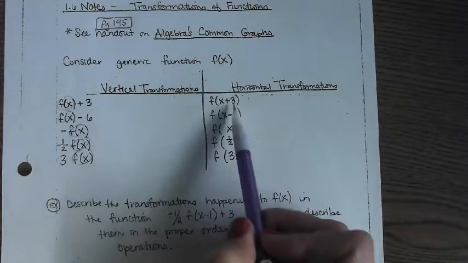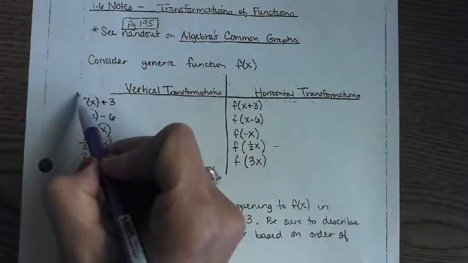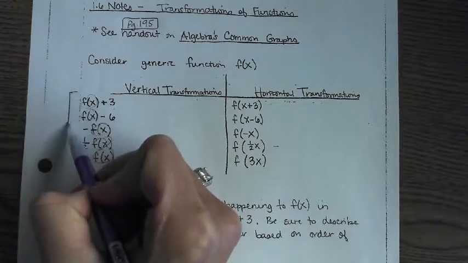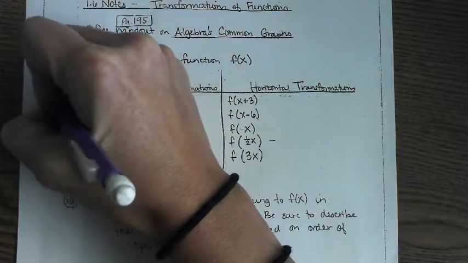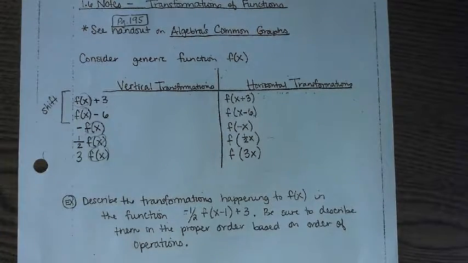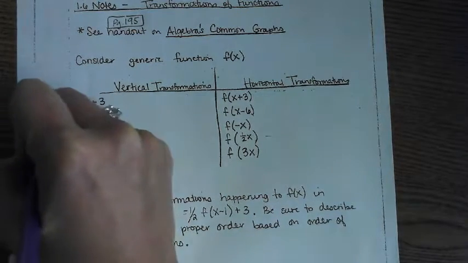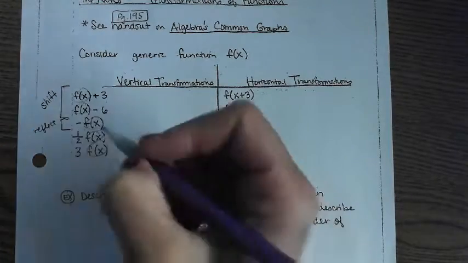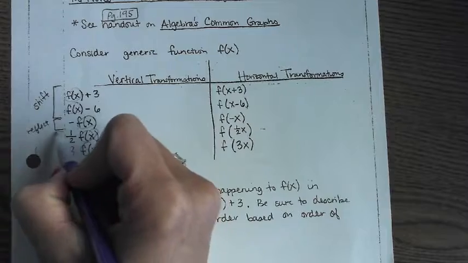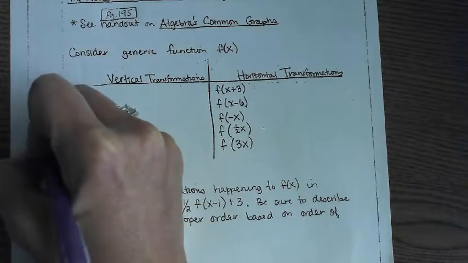Now, in general, whether it's horizontal or vertical, adding and subtracting is indicative of a shift. Translation, same thing. When you negate something, that's indicative of a what? Reflection, good. And when you use a multiplier or a coefficient of any sort, that's indicative of a dilation.